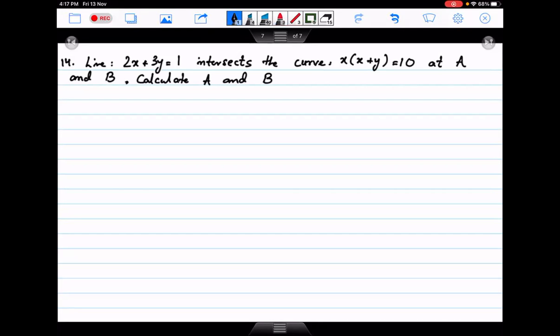So now we know that we have equation 1 with us. Now we have equation 2 with us. So finding out the intersection points or solving the simultaneous equations is basically the same process. So from equation 1, I may take out the value of y from here. So it should become y is equals to 1 minus 2x upon 3.